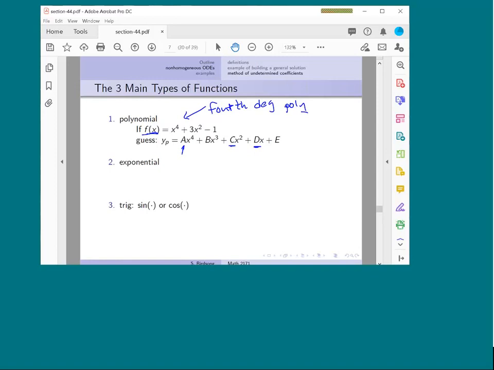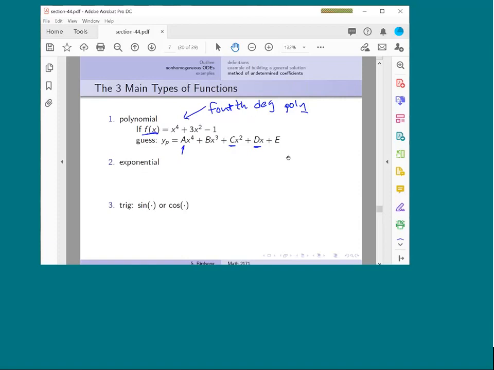So when we talk about the undetermined coefficients, right now the coefficients A, B, C, D, and E are undetermined, meaning we don't know what they are. And what will happen is we would plug this expression into whatever differential equation our non-homogeneous part came from, and then we would solve for A, B, C, D, and E. No, we're not going to do one like that today.